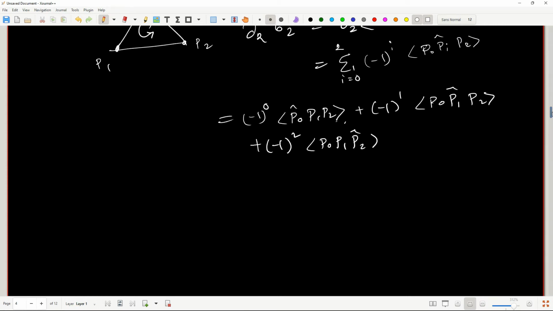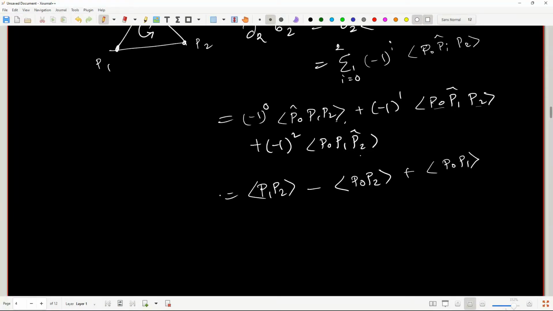Hat means omit that element, so we finally write it as p1, p2 minus p0, p2, and the final one as p0, p1.